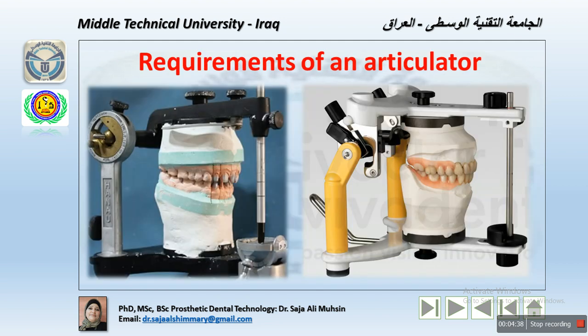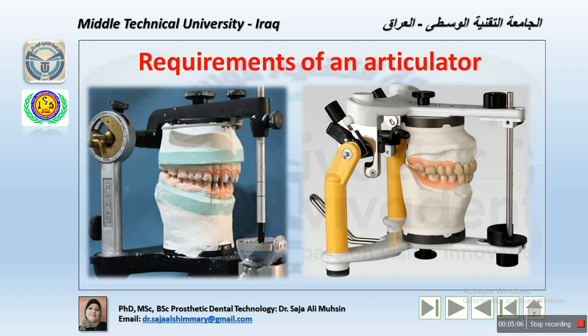Now, we have the requirements of an articulator. To use the articulator, there are requirements. That means what we are looking for from the articulator to achieve the goals that we are looking for. First of all, the articulator should hold the cast in the correct horizontal relationship.